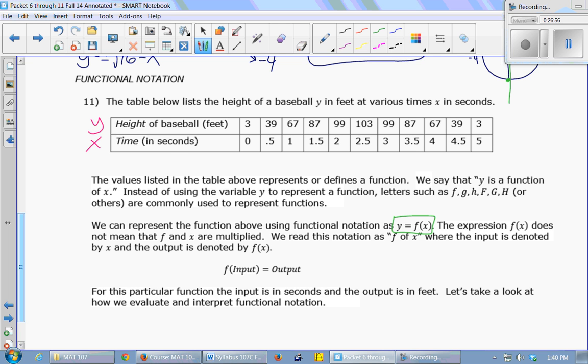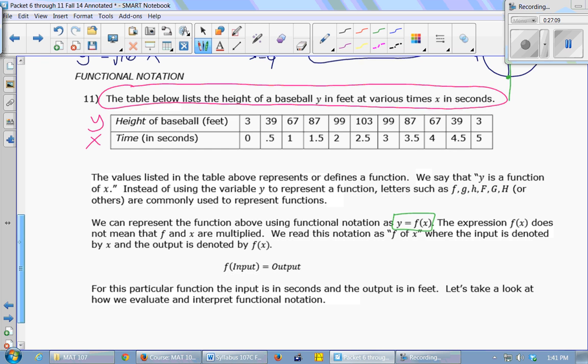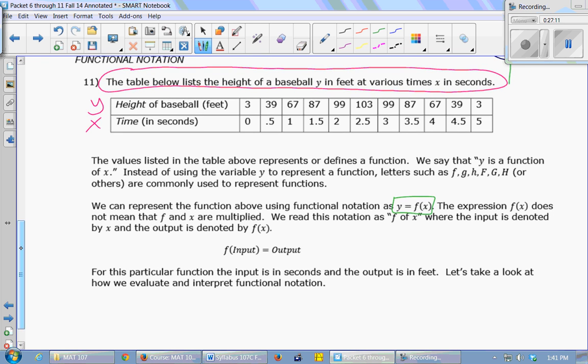Because of that sentence, this is what explained which one was the x and which one was the y, which one's the input, which one's the output. That should definitely always be clear, because height is dependent. Particularly in a physical example like this, the height depends on how much time has passed.